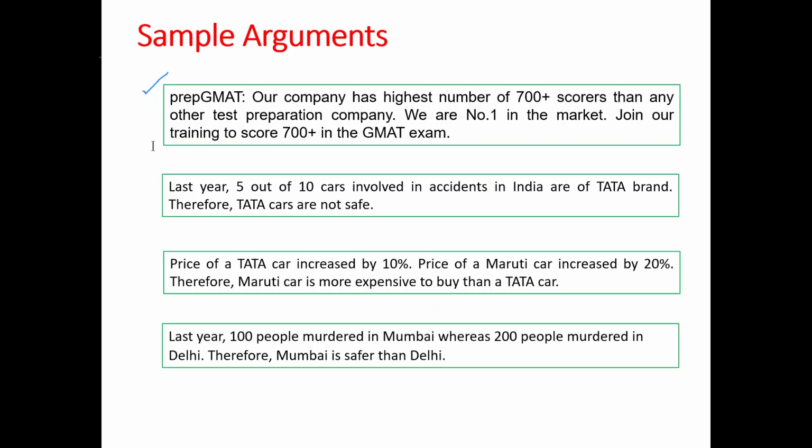So here, the first flaw is that you are saying you have got the highest number of 700 plus scorers. Out of how many students you provided training, you got this number? For example, this company got 1,000 students with 700 plus out of 1 lakh students they provided training.